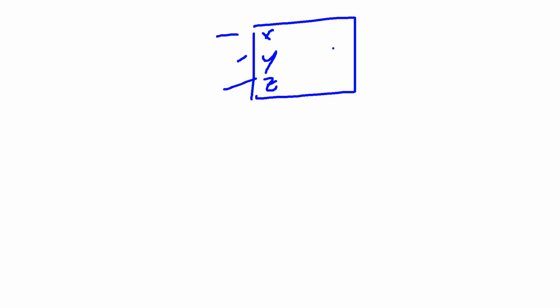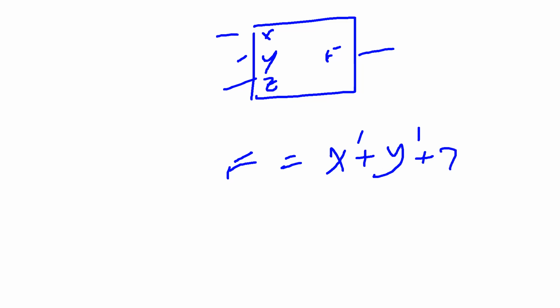Another example. How about this expression? F equal to x prime or y prime or z. This will be 0 in only one case, because it is an OR function: only when this term is 0, this term is 0, and this term is 0, altogether.